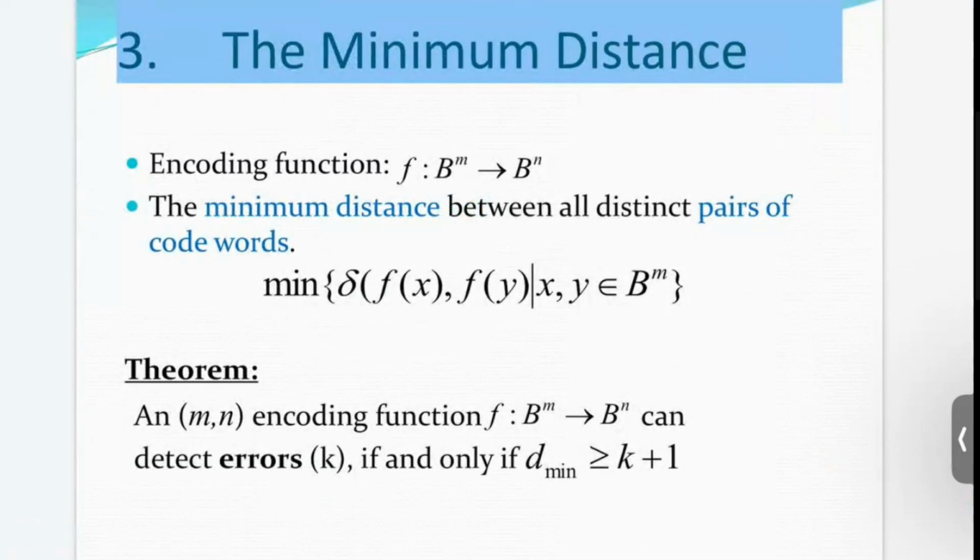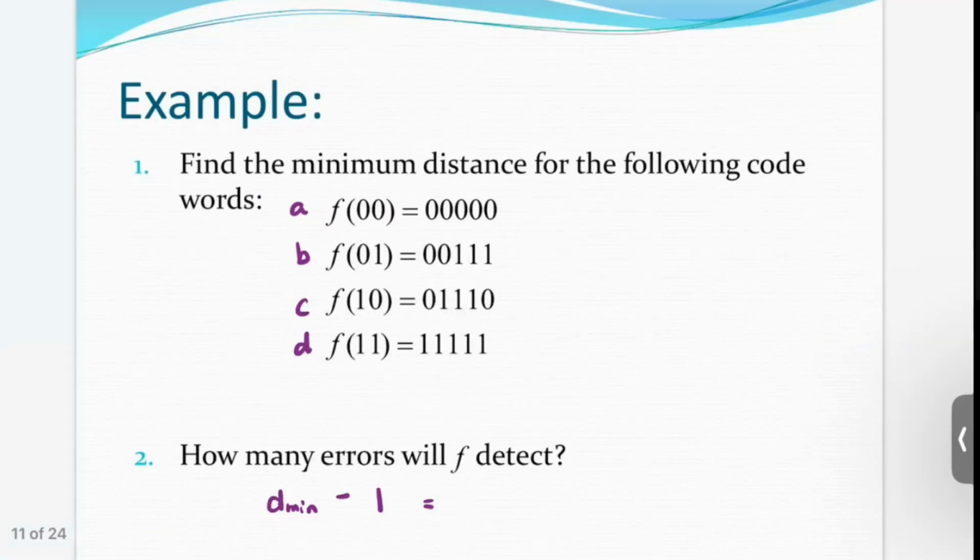So from this, you know that the minimum distance equals k plus 1, where k is the number of detectable errors. So k will be the minimum Hamming distance minus 1, which is 2 minus 1. The number of errors that f will detect will be 1.